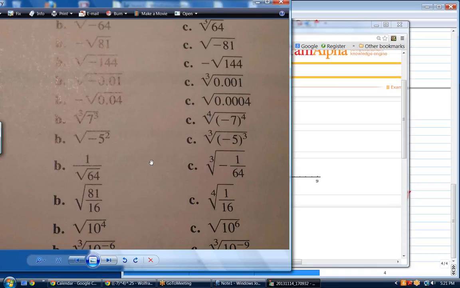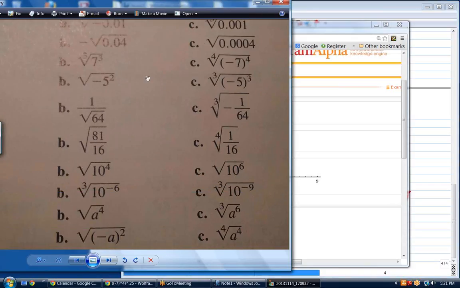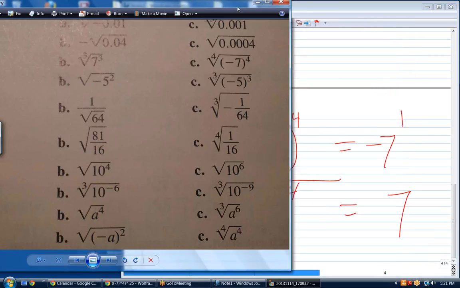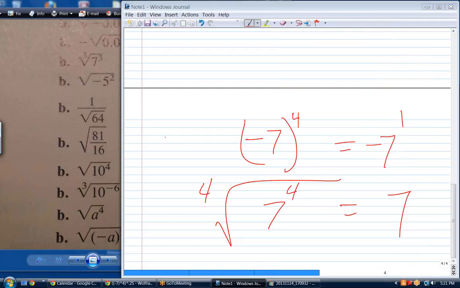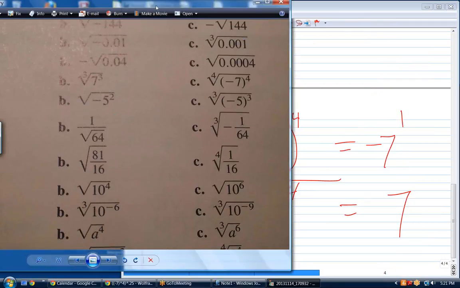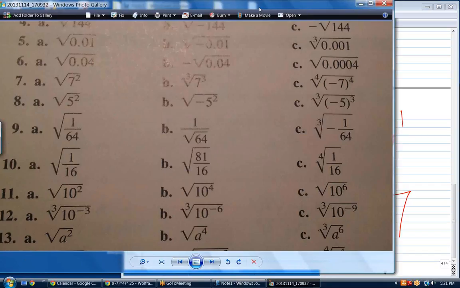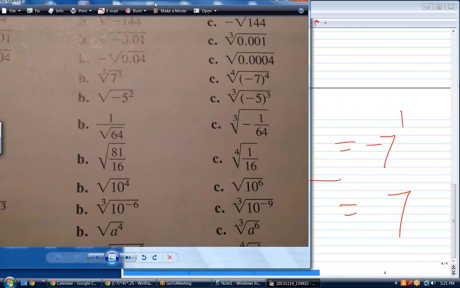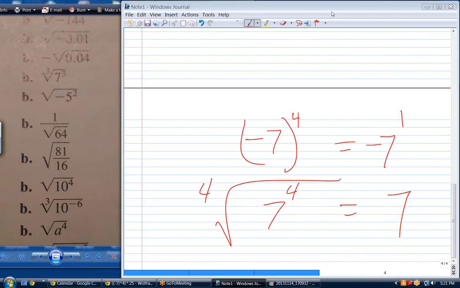Okay. What is this one here? The square root of -5 squared. Which one is this? I can't see the number. Let's see. 8B. Okay.